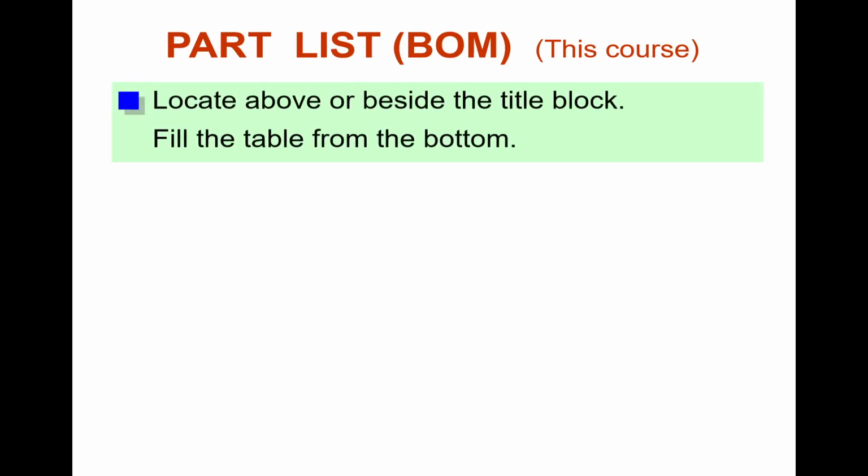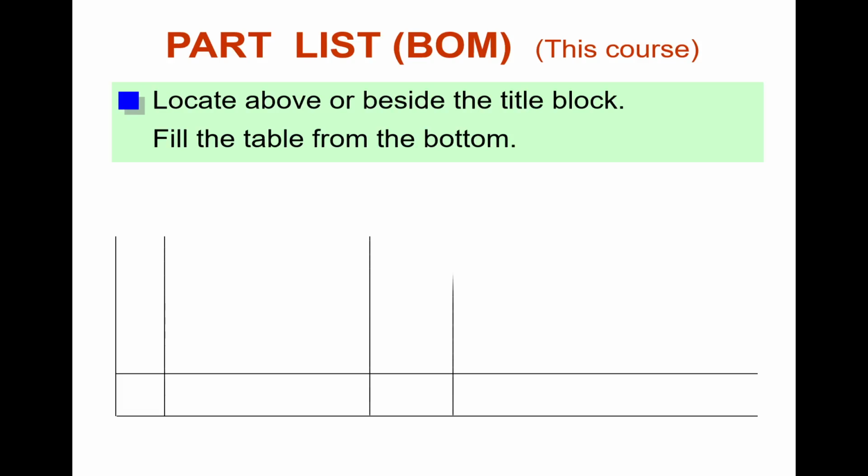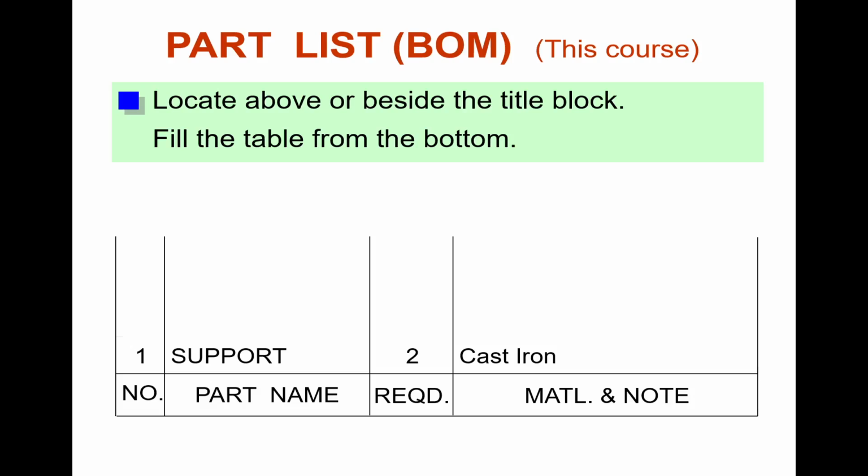Okay, next, part list ataupun bill of materials biasa kita letak dekat atas atau beside the title block. Fill the table from the bottom. Okay, this is how you draw the part list. Okay, imagine you punya drawing sheet bahagian bawah tu kan. Okay, you draw daripada bawah dan naik ke atas.